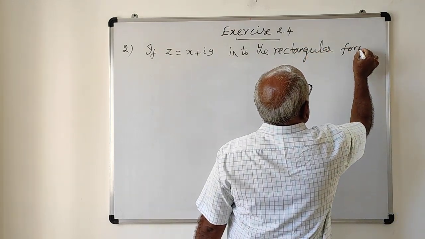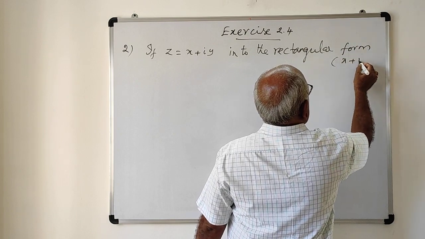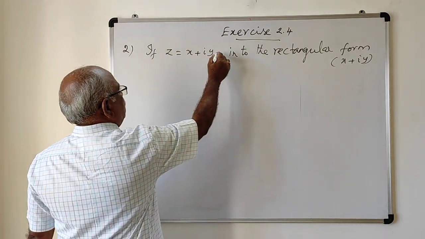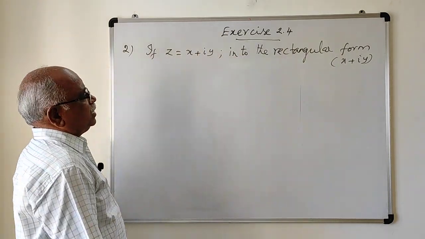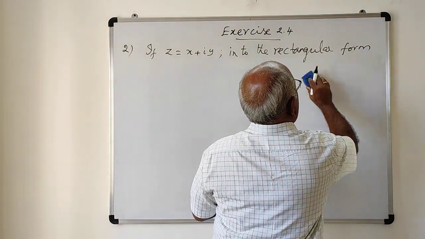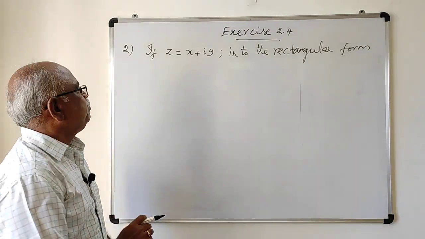A rectangular form is nothing but x plus iy form. The complex number itself is given by x plus iy. Convert the following into the rectangular form. Rectangular form is x plus iy form.